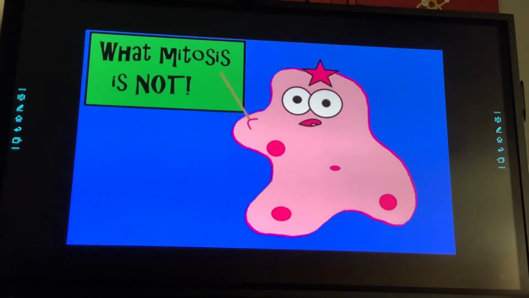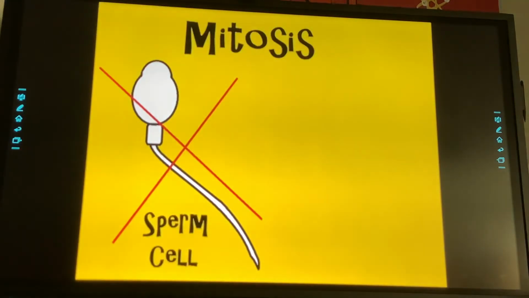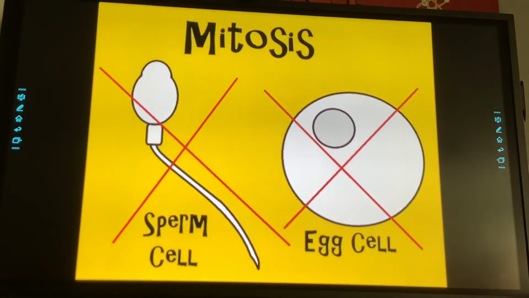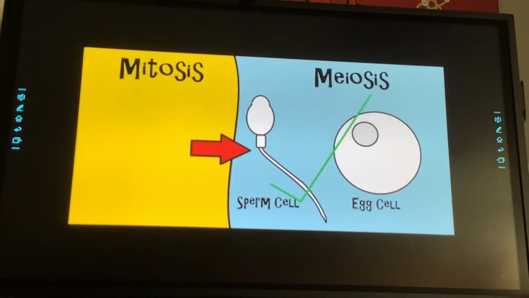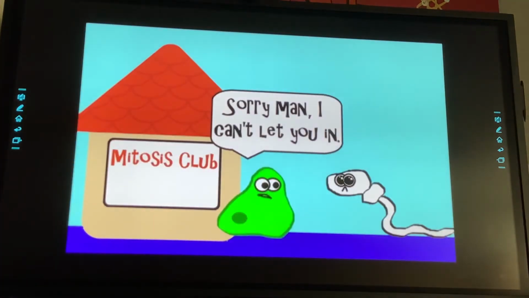What mitosis is not, okay, it's really important to understand what it is not. It is not a process that makes sperm or egg cells, because that is something called meiosis, which sounds very much like mitosis, unfortunately, but it is a different process. Okay, mitosis is only done by body cells.